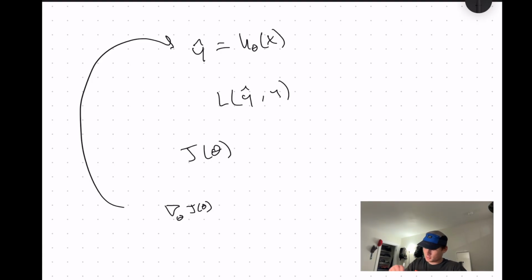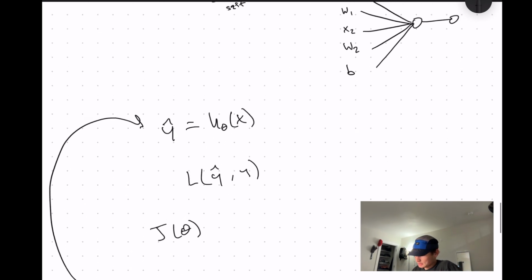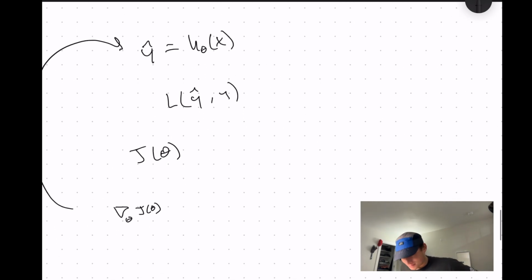So then we do this cycle a bunch of times and make our parameters better. I think we'll have more clarity on what that means in a second, so don't get lost there. Now let's just go through linear regression and see how it works.